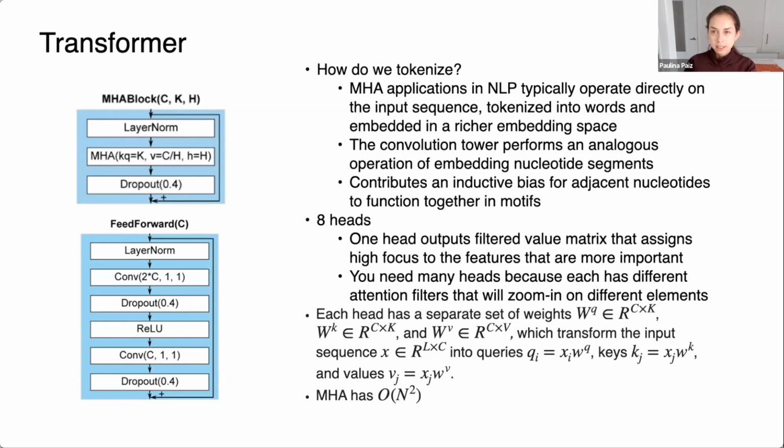nucleotide letters, right? And so actually, this is a minor note that I saw in the supplementary information, but I think it's very important, is that they use the convolutional tower that I showed previously to compute this embedding of nucleotide segments and contribute an inductive bias for what a motif would look like.